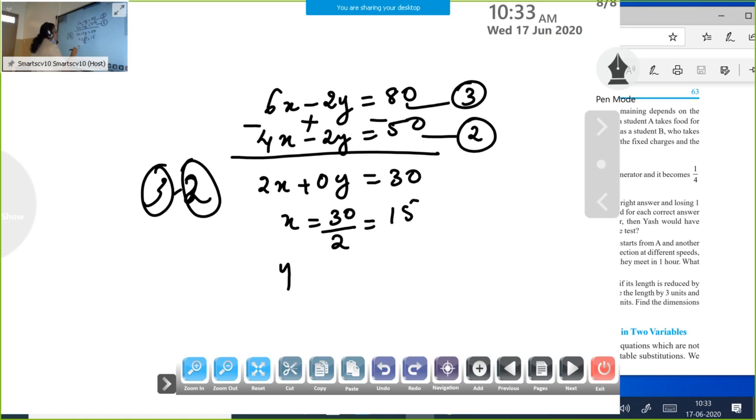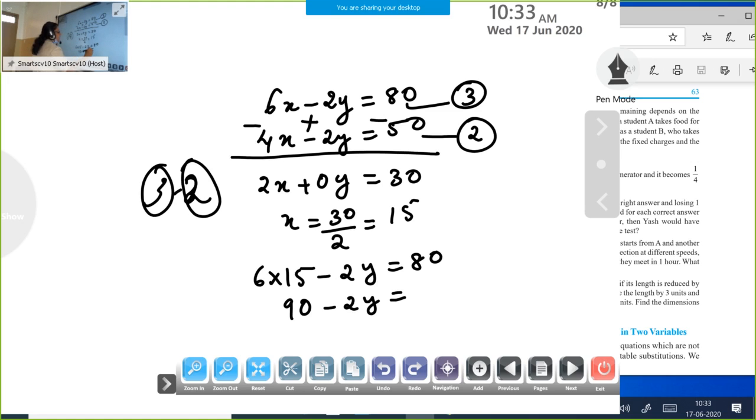And y: substituting the value of x in the second equation, instead of x write 6 into 15 minus 2y is equal to 80. 6 into 15 is 90.